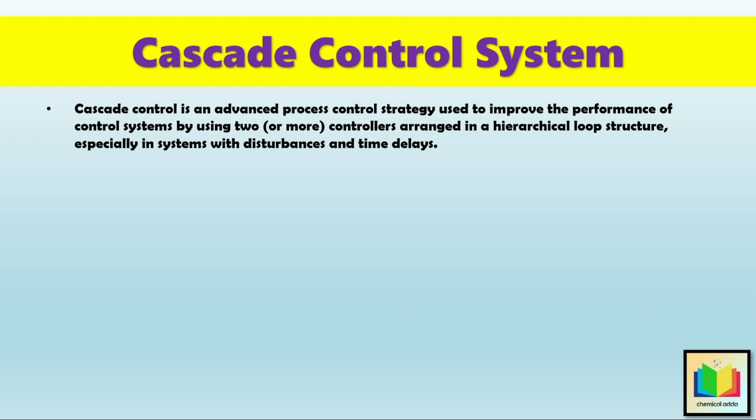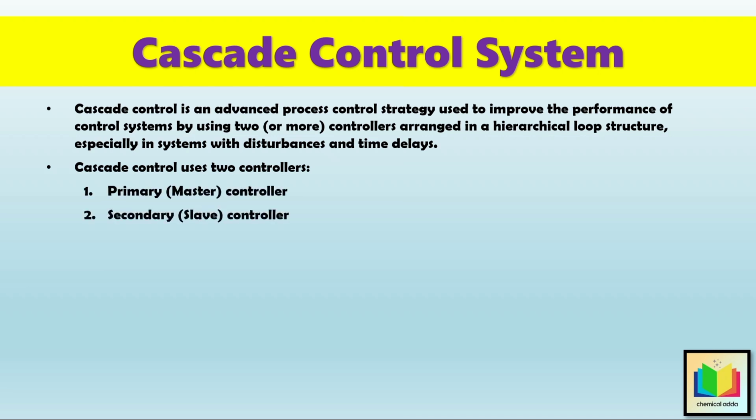So basically, cascade control is an advanced feedback control strategy that uses two controllers instead of one, such that these two controllers are arranged in a hierarchy. One is called the primary or master controller, and the other is called the secondary or slave controller. And each controller controls a different variable. The primary controller controls the main process variable.